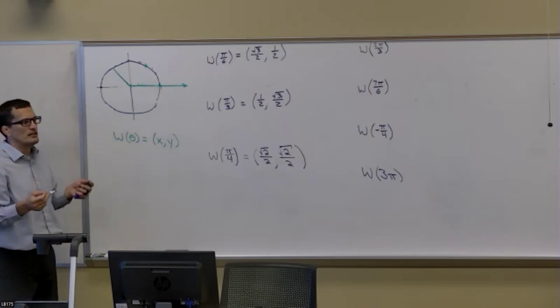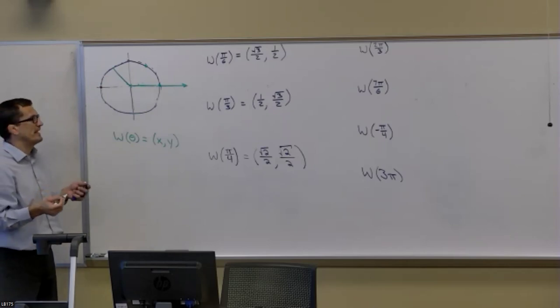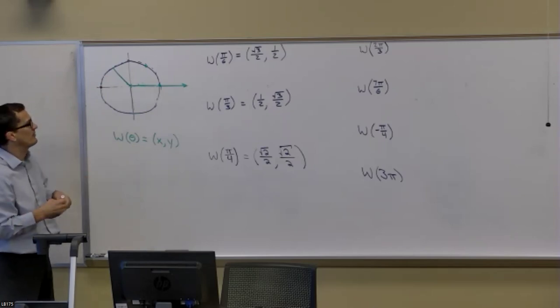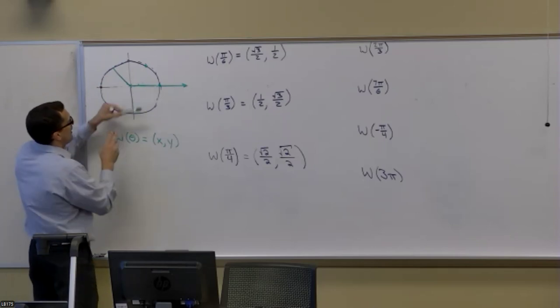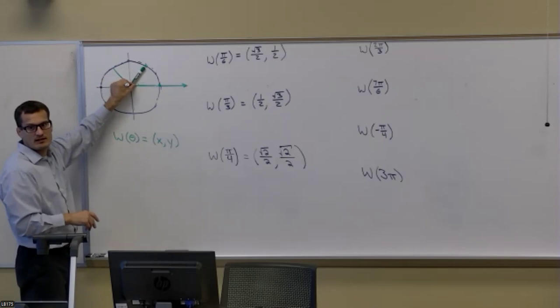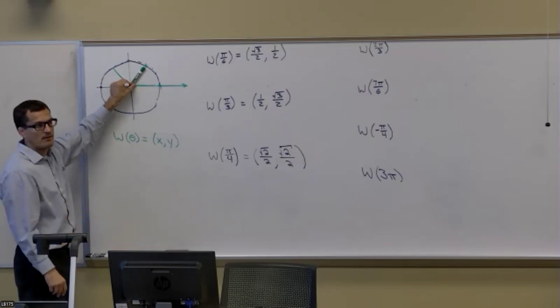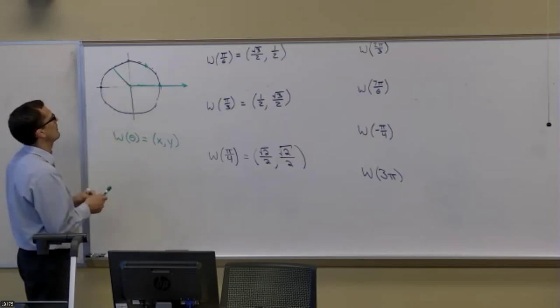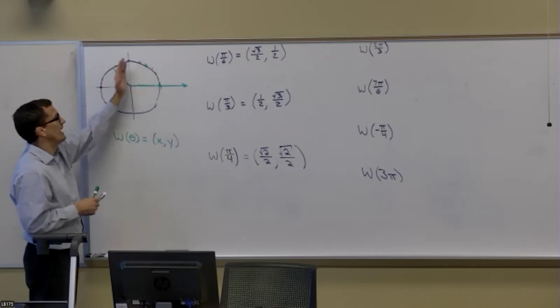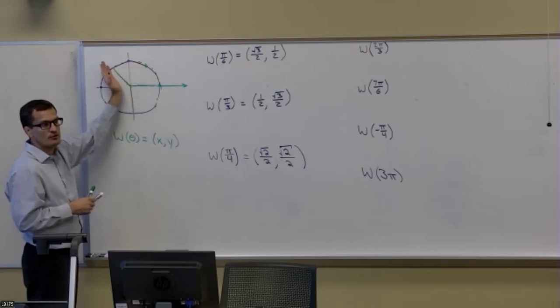The question is going to be, what does it match up with? Does it match up with a pi over 6 or a pi over 3? Meaning, what do I project across the y-axis to get to 2 pi over 3?